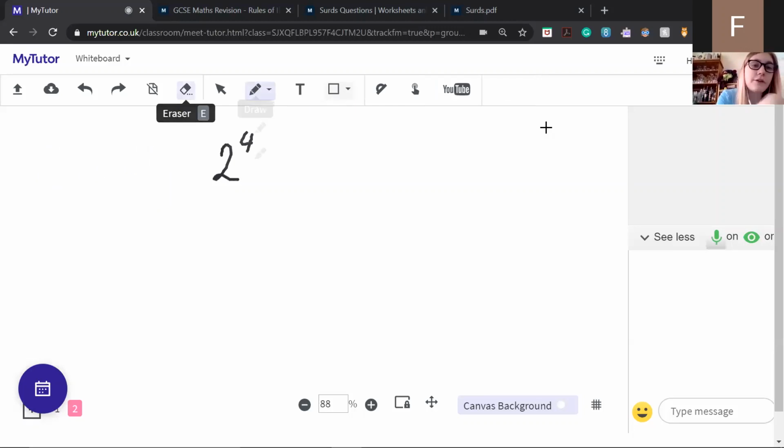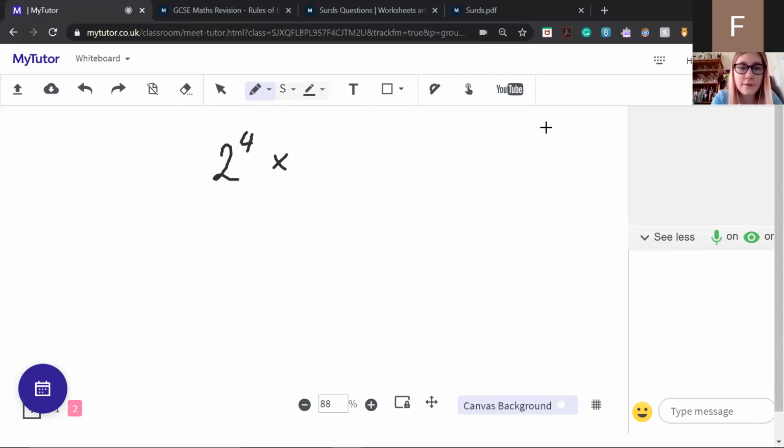So 2 to the power of 4 times 4 to the power, no, okay, I know what I want. I want to do a solve for x question. This is what happens when I suddenly realize I want to do a question.